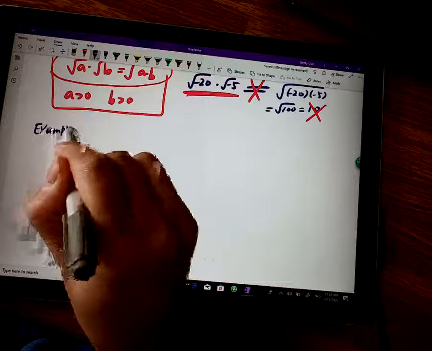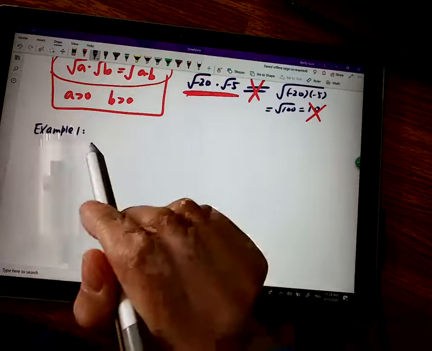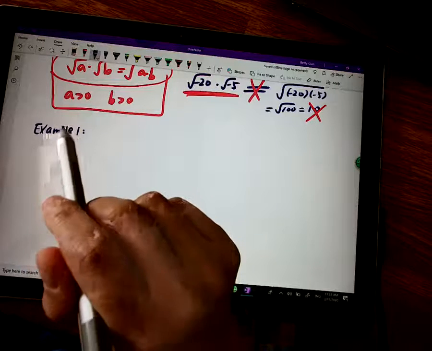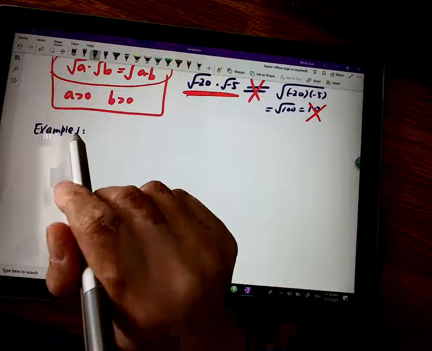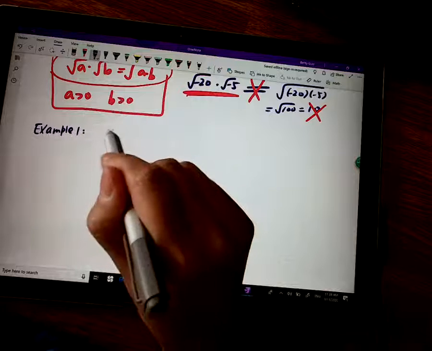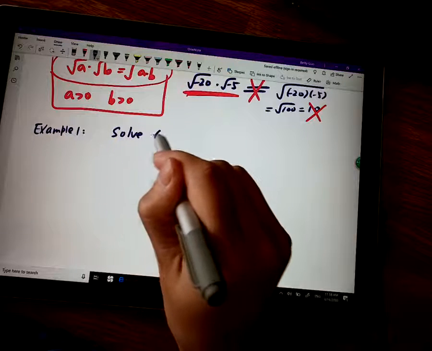So my example 1 is to show you what it means when two complex numbers are equal to each other. Okay, so solve for x and y.